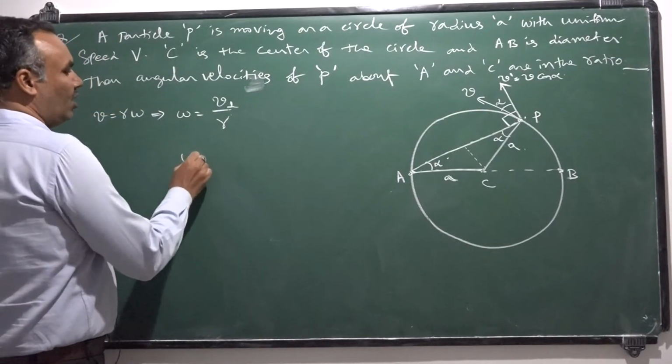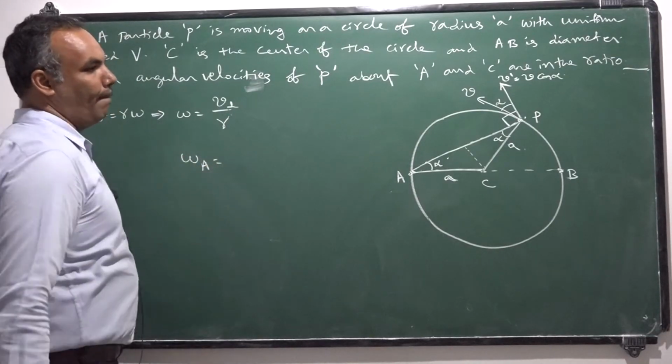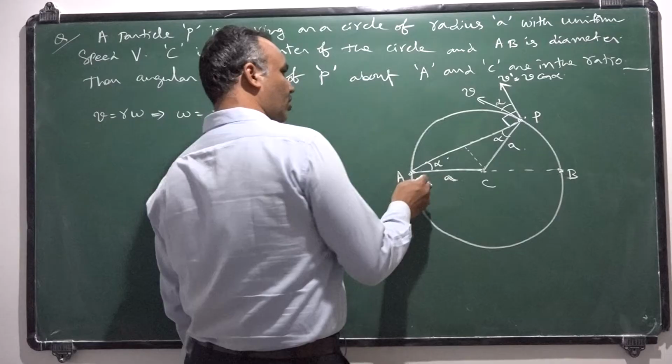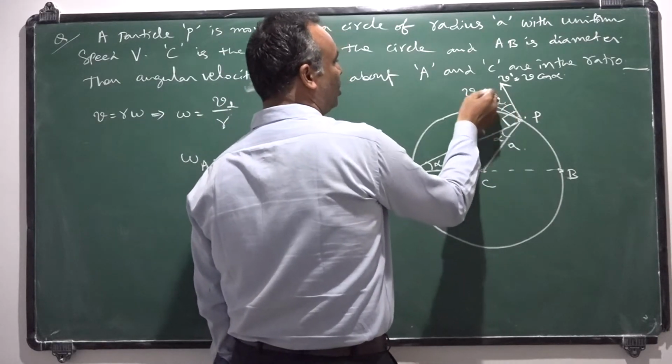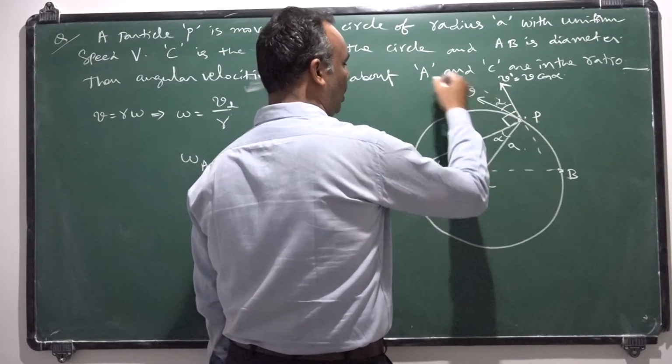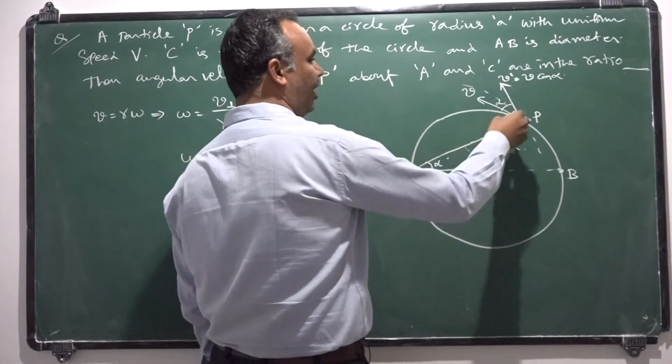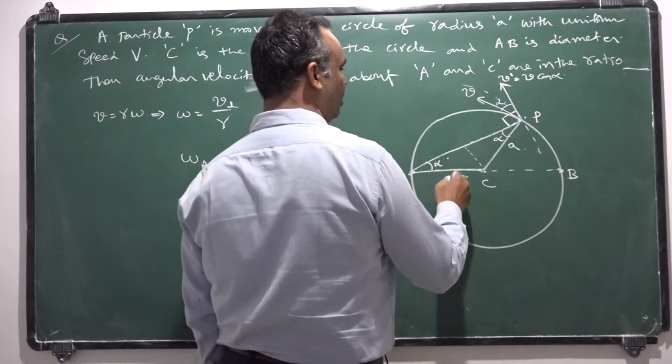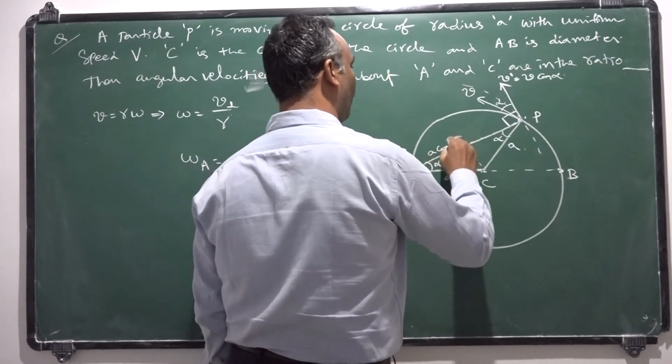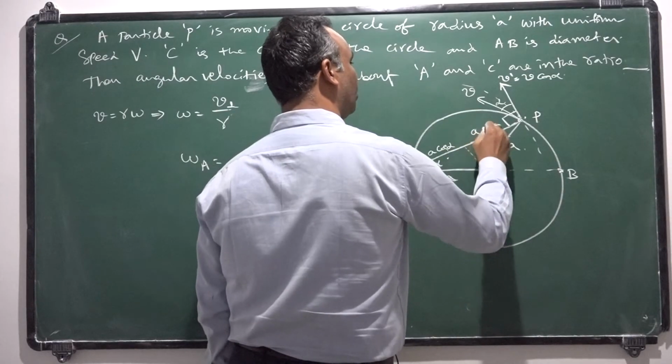Whenever we want angular velocity with respect to A, the particle is moving on another circular path. This is A, means this is A cos alpha. This is also A cos alpha.